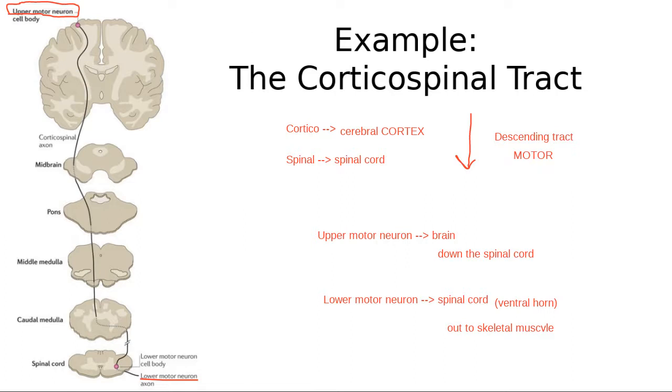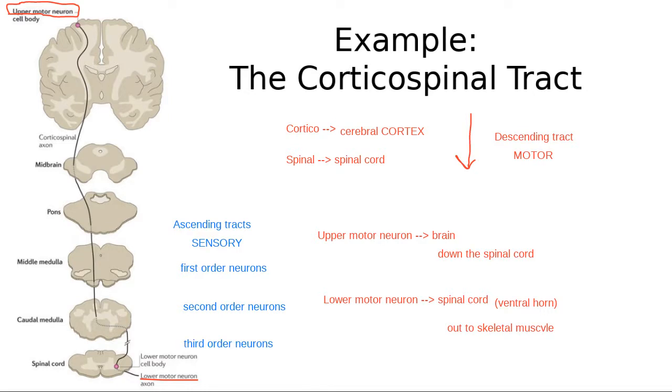When I talk about ascending tracts, the ones we were talking about before, do you remember what the names were of the neurons that are in ascending tracts? My sensory tracts. Yeah, so the sensory tracts had first order neurons, they had second order neurons, and they had third order neurons.